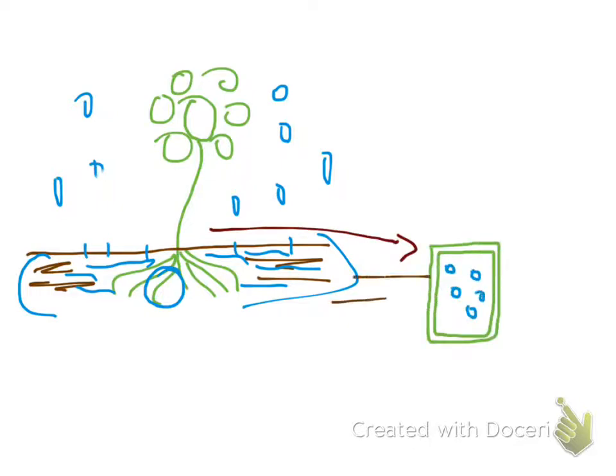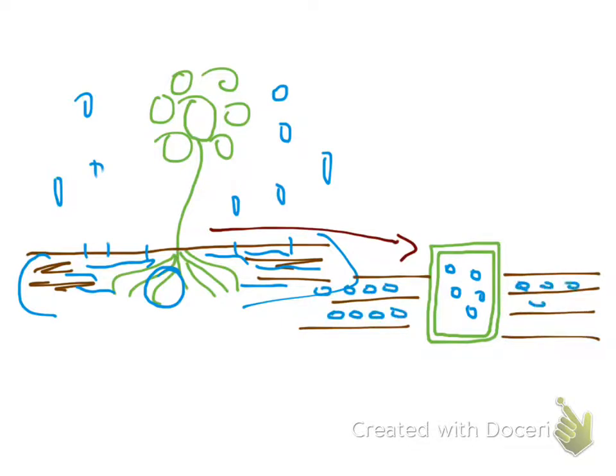So as you can see here, you can see the cell and all the water molecules around it. If you count, you'll see that there are 15 water molecules outside in the soil, and there are 5 inside. So here, let me write that. 15. So obviously the higher concentration is outside in the soil.